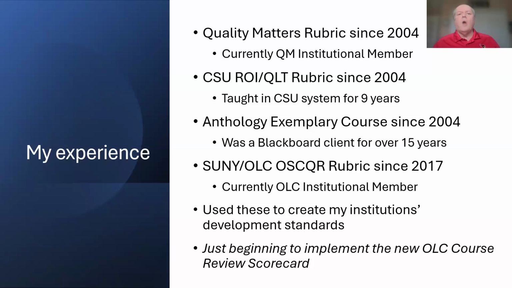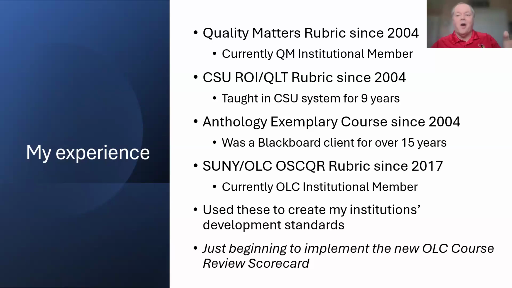So what do we do with these? Well, when we created the development standards at my current institution and my former institution, we took all of these rubrics and made a spreadsheet with all of the different standards for each rubric. You're probably not going to be shocked to learn that a lot of the standards were the same across each rubric.